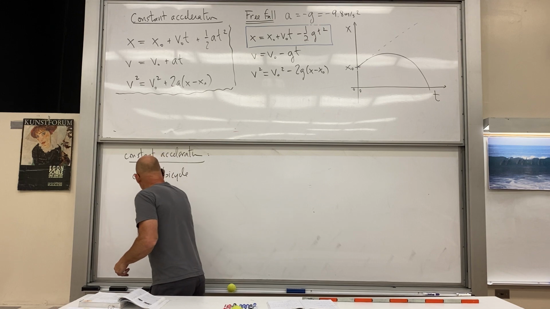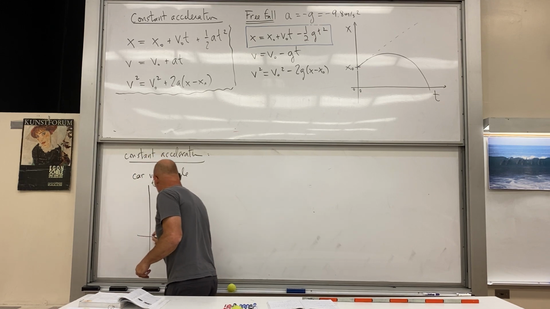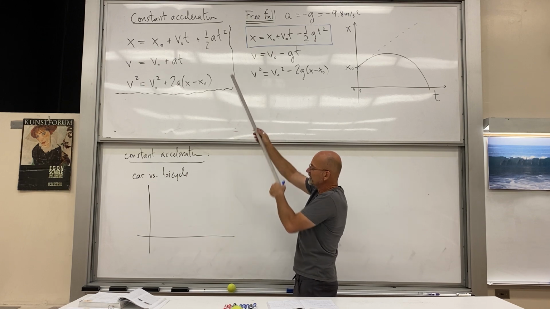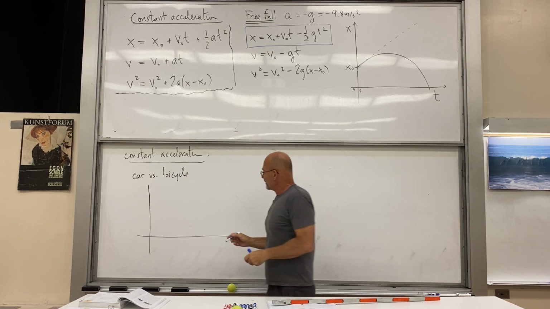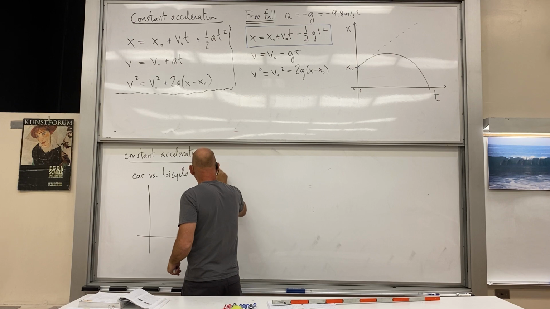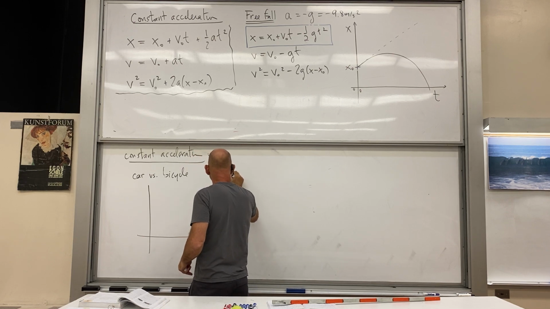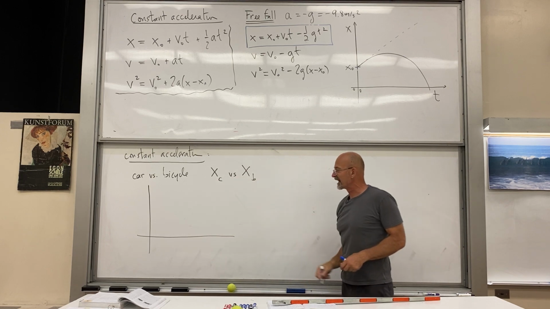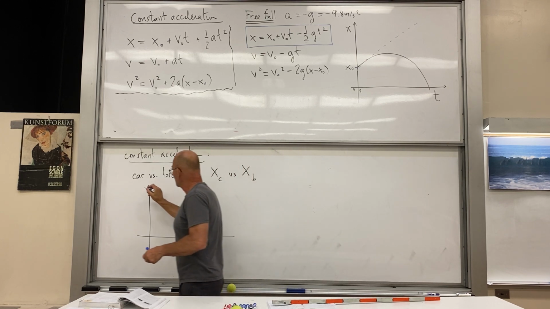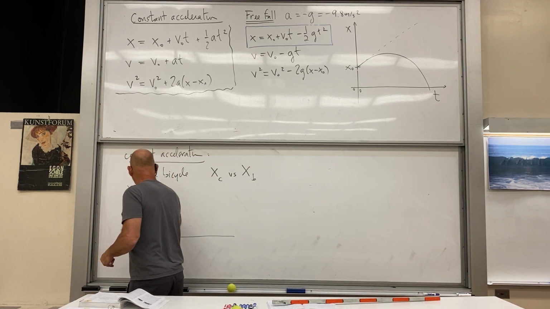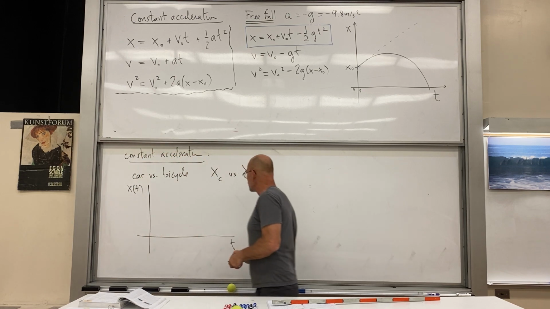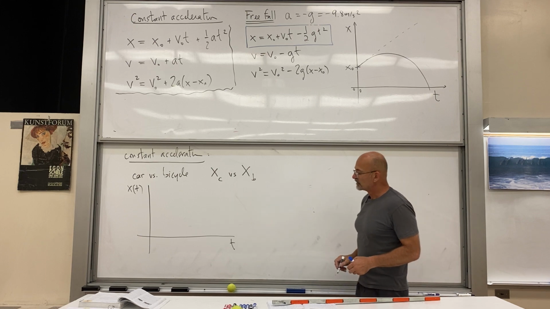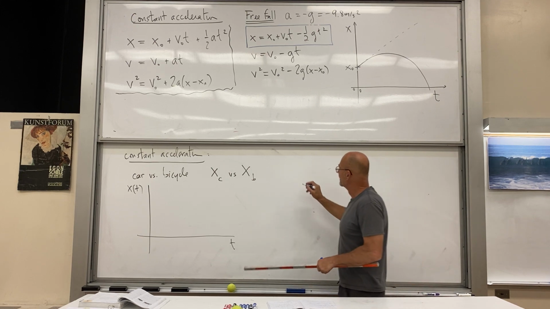Now I'm going to graph it first, okay? Because it turns out that the formulas we need are all right here. So we have x sub car versus x sub bicycle, x sub c versus x sub b. I'll call this x of t and this is t, and I'm going to graph them both in the same graph, which is kind of interesting. So what is the car doing?